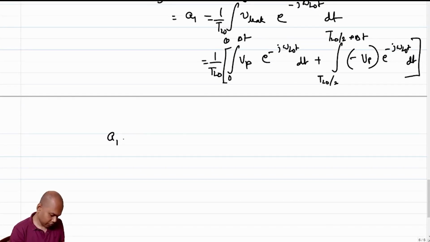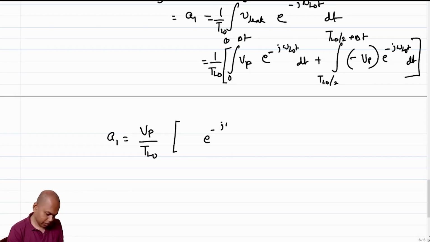So A1 is essentially 1 over TLO times Vp. Vp is common to both the terms, so I can take it out. This becomes e to the power minus j omega LO t by minus j omega LO. Is that correct? Yes.